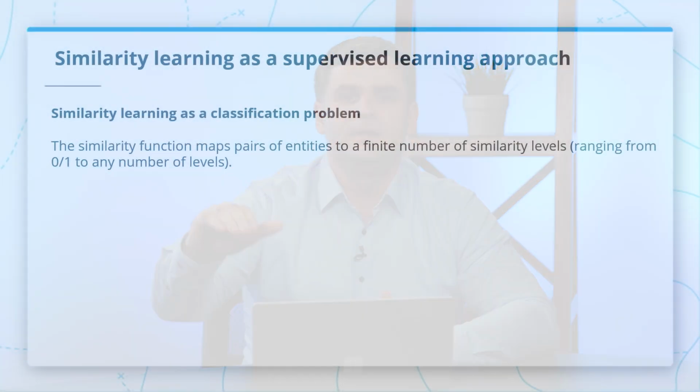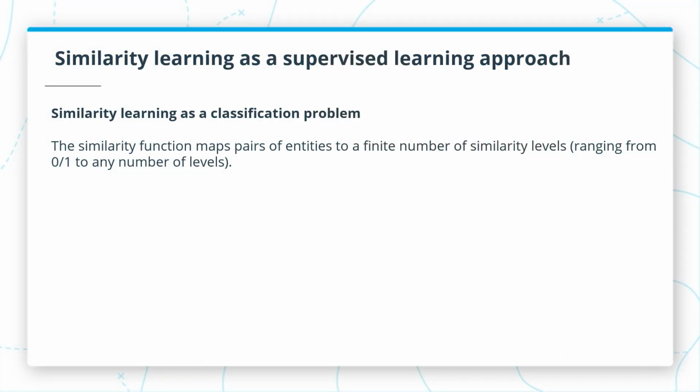So basically this means that the similarity function is not a continuous function, but is a discrete function. And the output of the similarity model would be a certain level of similarity that was predicted for the inputs. Similarity learning can also be treated as a problem of regression.